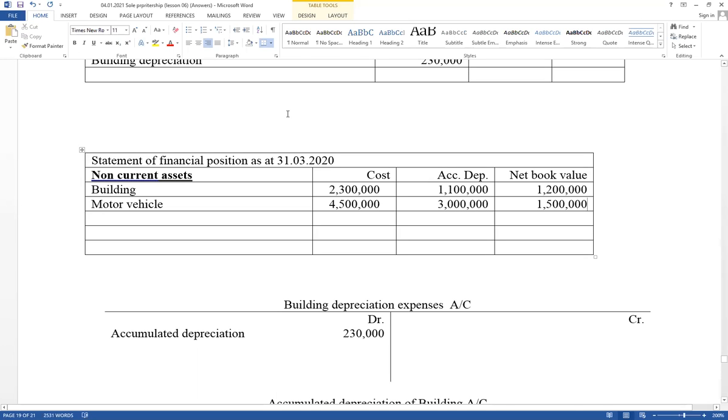Then bank reconciliation. Cash control account balance is not equal to bank statement balance. Therefore, we have to provide the reason for the difference. Bank reconciliation. Sometimes the opening balance of the cash control account is not equal to the opening balance of the bank statement. It has given the previous month reconciliation also. Therefore, bank reconciliation is also very important. Each and every part of the business you have to discuss. There are four types of organization, three types of business.